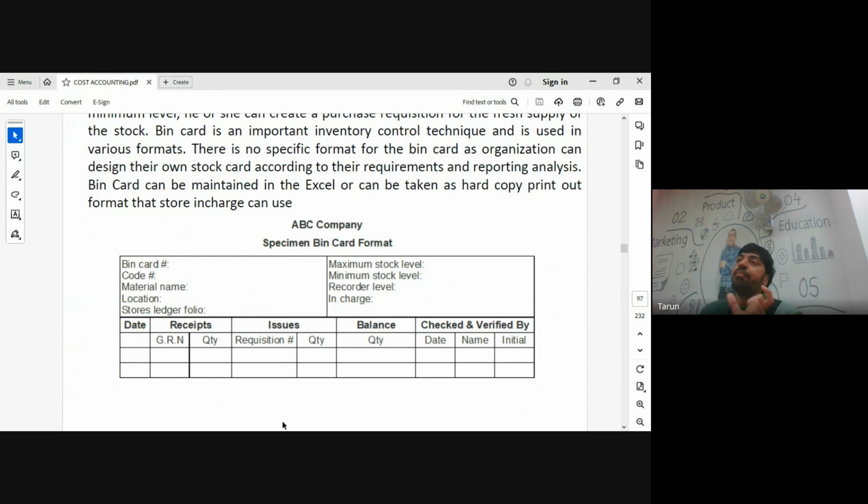That name is mentioned here. So this is a particular format, and it can be made on an Excel sheet, and you can easily take a printout, and accordingly the store in charge will use this format. So this is also one of the advantages of the bin card.